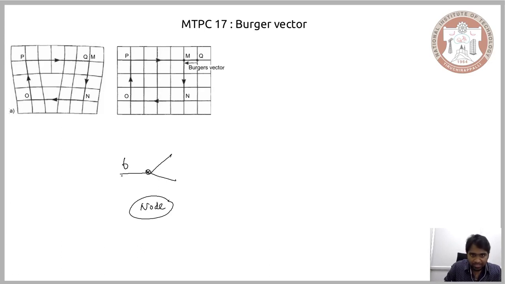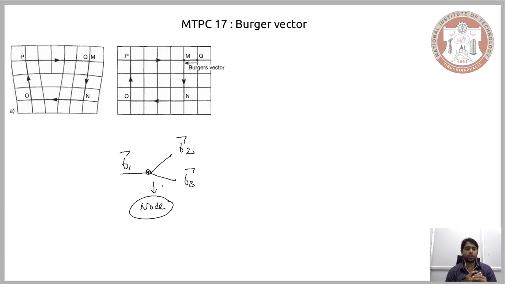If you assume the Burgers vector associated with this dislocation line as B1, this one as B2, and this one as B3, the Burgers vectors associated with these three dislocation lines are B1, B2 and B3 respectively. There is a relation that exists between all these three Burgers vectors because they interact at a point, and this point is the node.